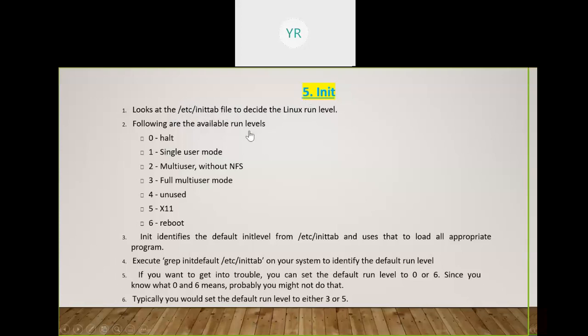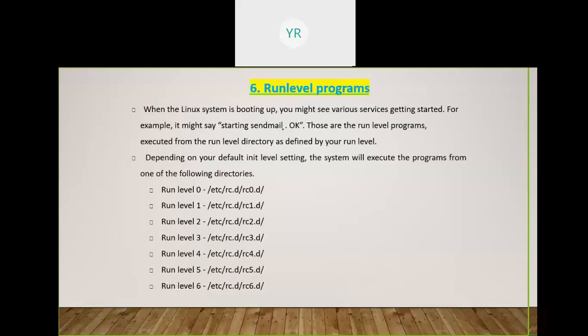Init is the first program, the parent process, the mother process for all the other processes. What init will do is load the run level. Run levels are also nothing but programs, run level programs.